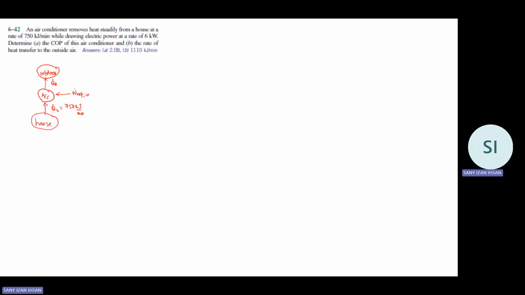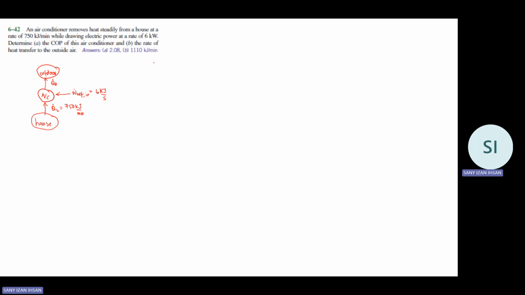So the air conditioner is taking out that heat and then throwing it out to the outdoor, and the work required to do that is given as W dot net. Okay, and you are given actually the value, which is 6 kilowatt. 6 kilowatt is kilojoule per second. Okay. All right. Note that we have two different denominator units there.